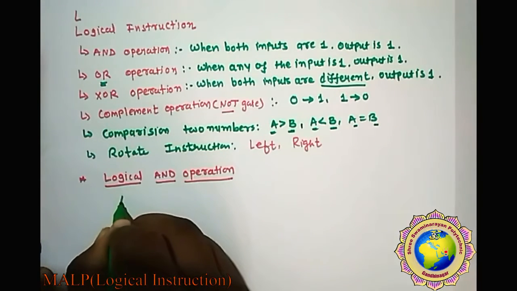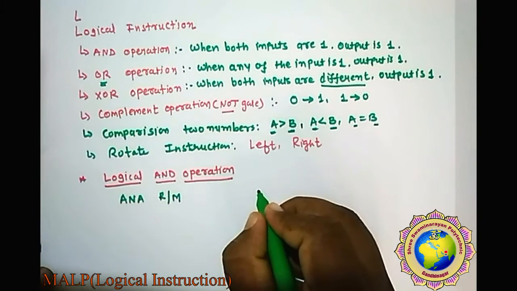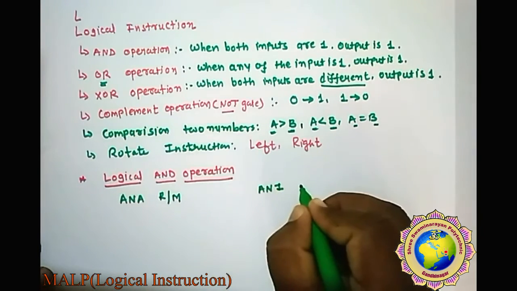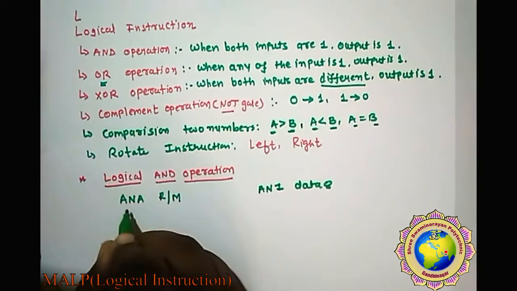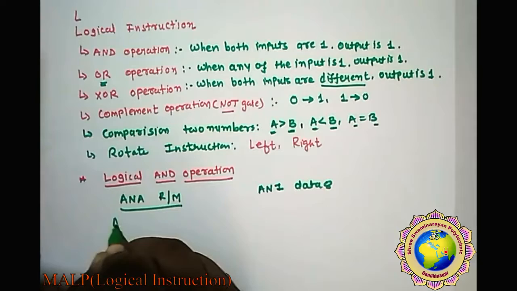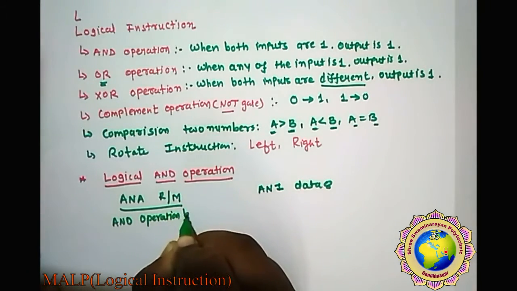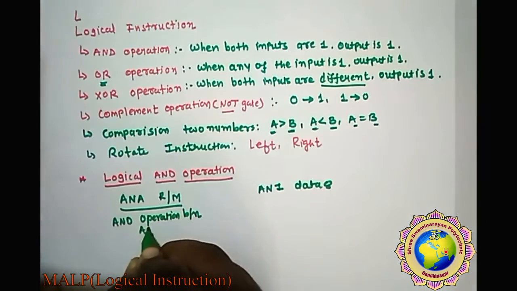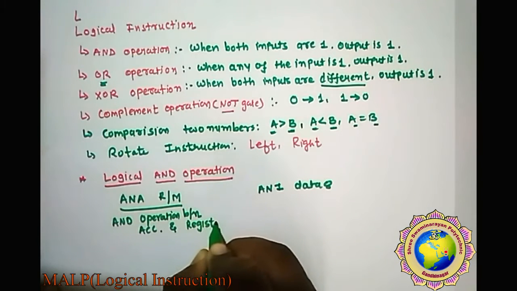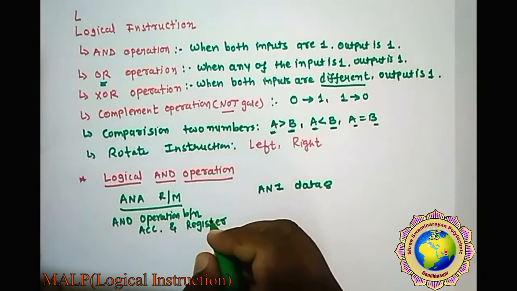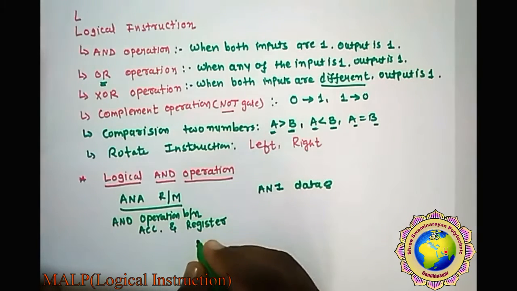The first mnemonic is ANA R or M. Second mnemonic is ANI, data of 8-bit. Here, what does it perform? It performs AND operation between accumulator and register. આ શું કરશે? તો એન્ડ ઓપરેશન કરશે કોની વચ્ચે? તો રજિસ્ટર અને એક્યુમ્યુલેટરની વચ્ચે.